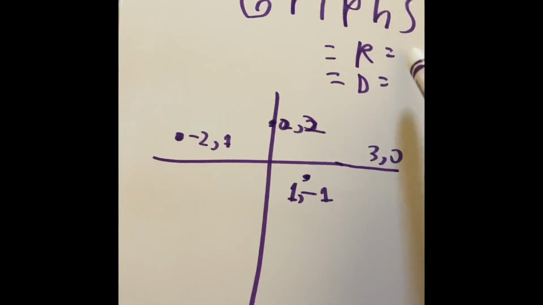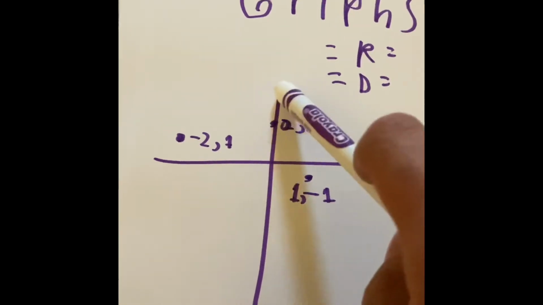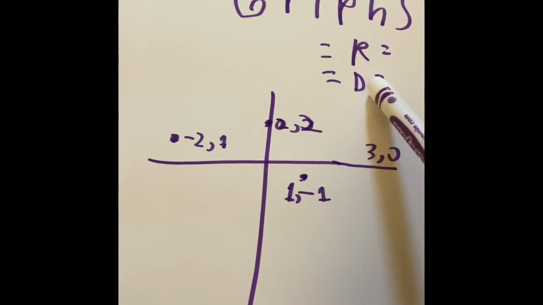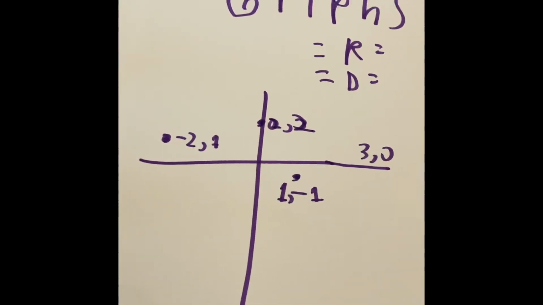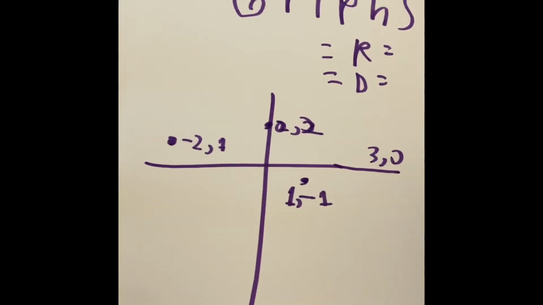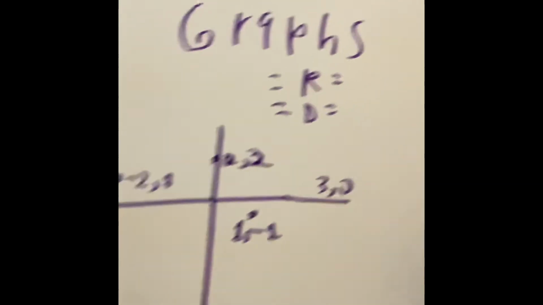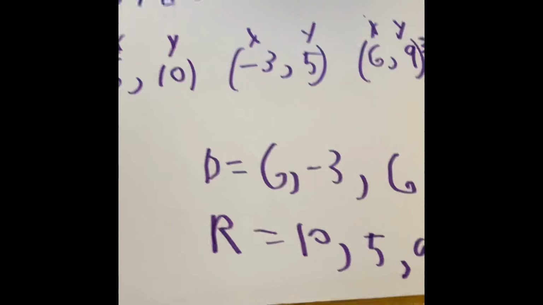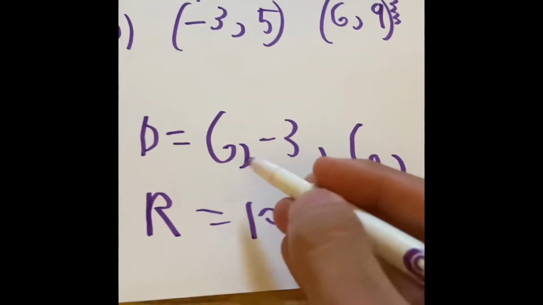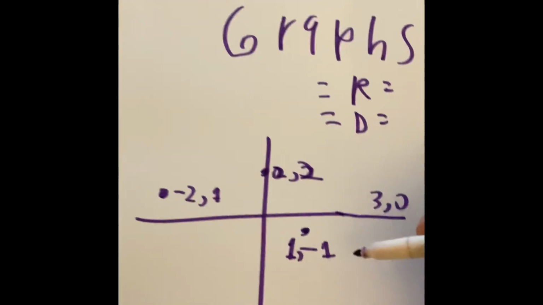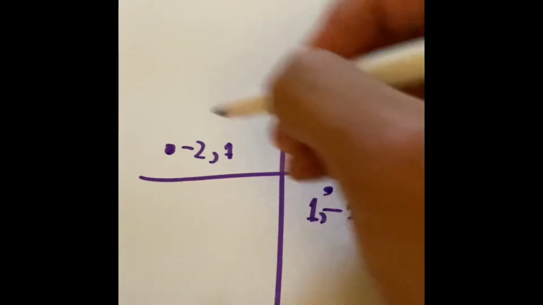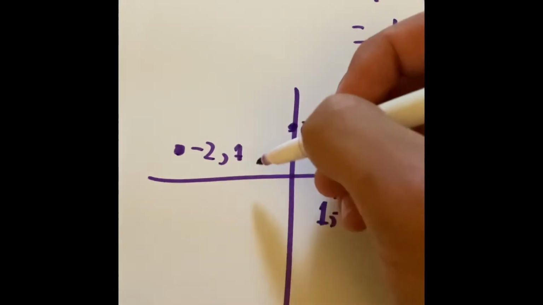Remember, the range is what you get for the y, and the domain is what you insert for x. In order to do that, we would just plot normally like we did in the previous example for ordered pairs. We have the commas in between the numbers for each of the plots, like -2, 1.